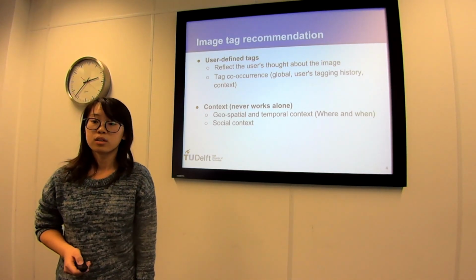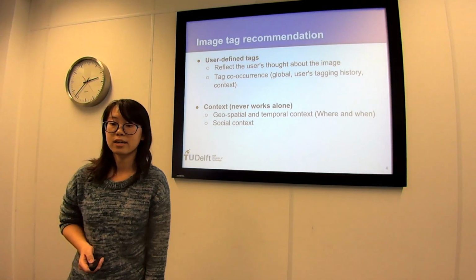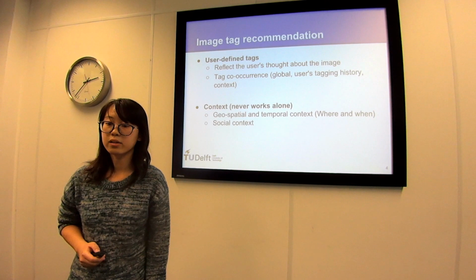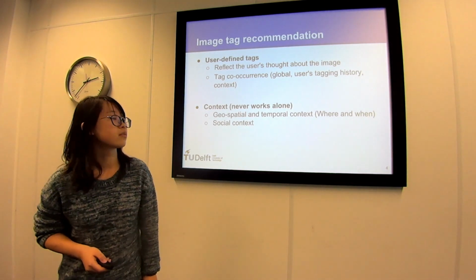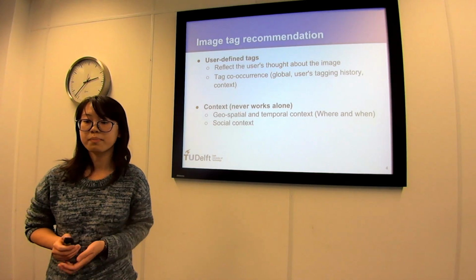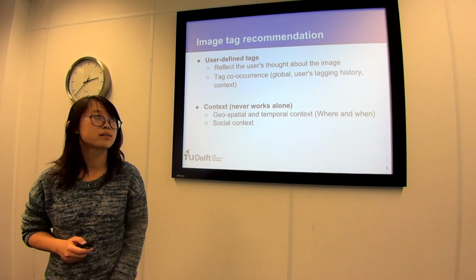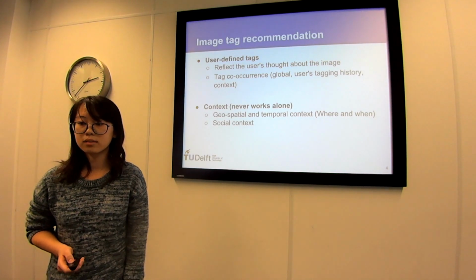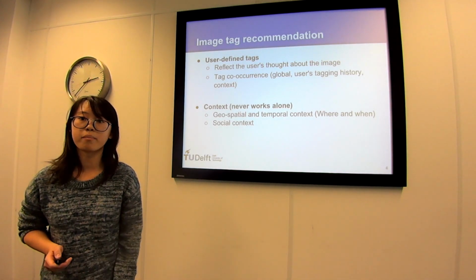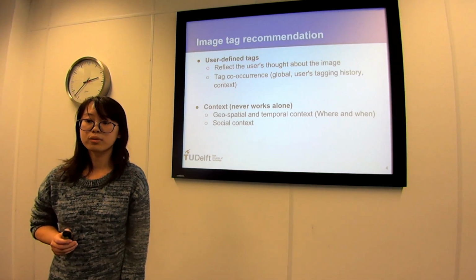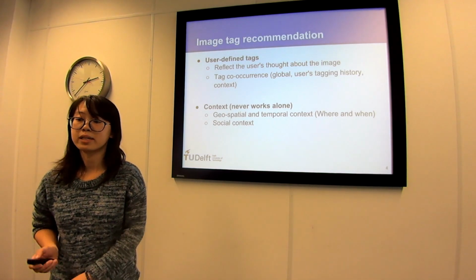One method to make use of the user-defined text is based on tag co-occurrence. The basic idea behind tag co-occurrence is that the tags co-occurring most with the user-defined text can be good candidates for the recommendation.